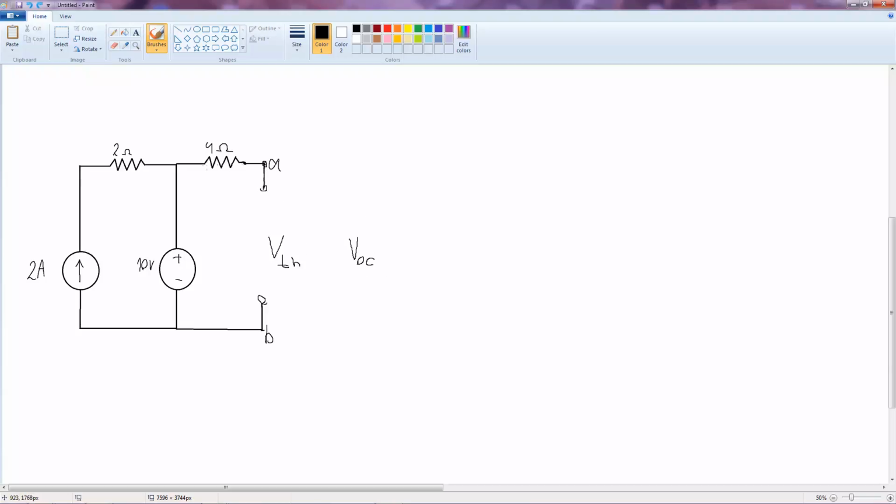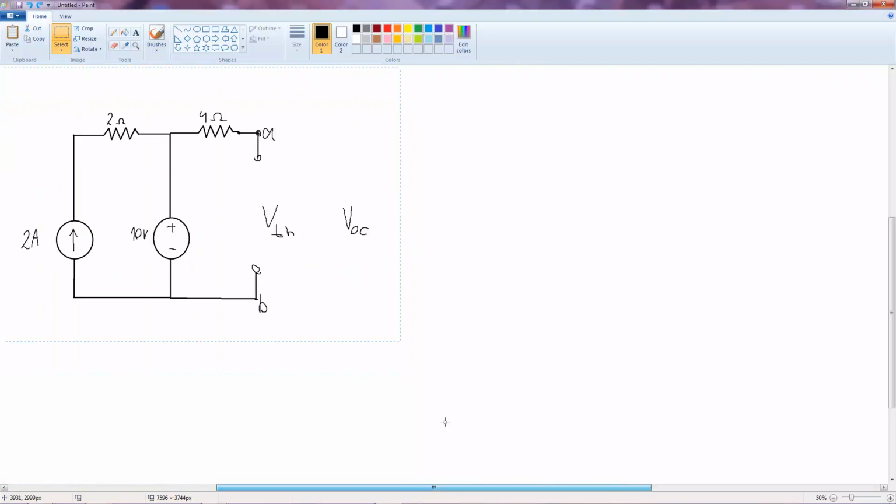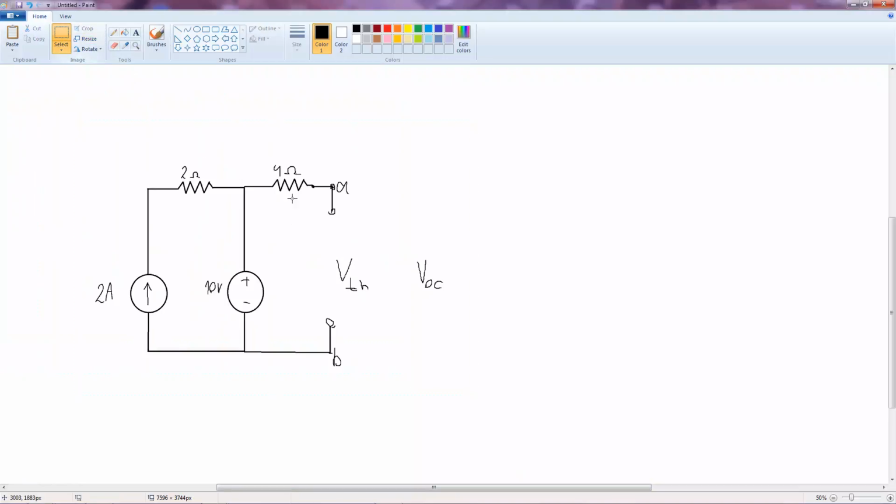So basically you need to find the voltage across terminal A and terminal B, and in this case, as we have an open circuit here, the current will not be going through the 4 ohm resistor, hence we could redraw this into something like this, and just finding the voltage through here will give the Thevenin voltage.